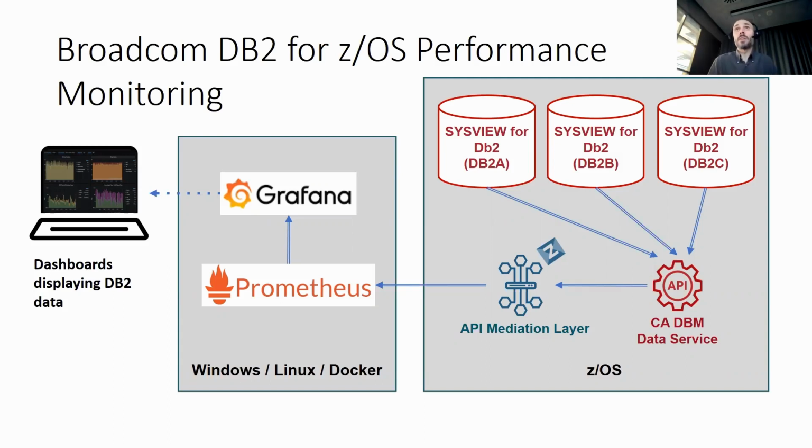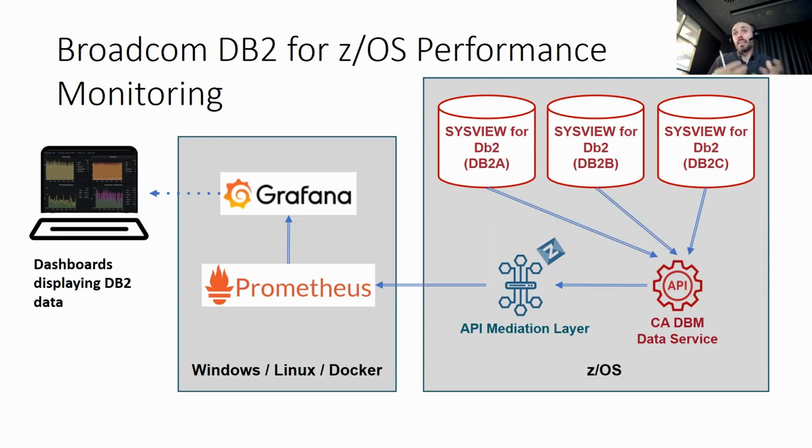On the mainframe side, which is the bigger box on the right hand side, you can see the three SYSVIEW for DB2 data collectors, and these provide DB2 metrics to the REST API, which we call the CA-DBM data service.